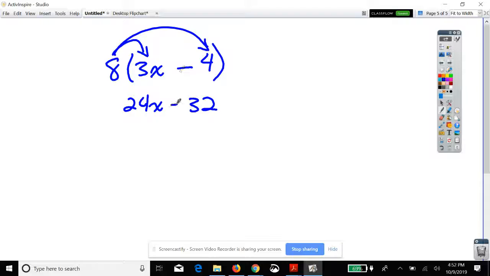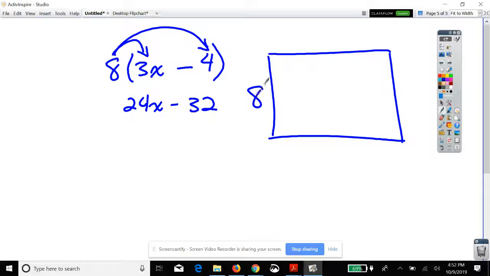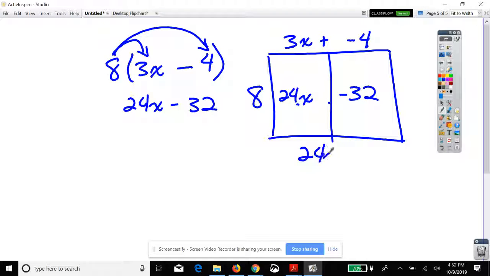Is this going to be plus or minus? If I put it here, 8 times 3x plus a minus 4, so I've always got my plus there. 8 times 3 is 24x. And then 8 times negative 4 is negative 32. So it'll be 24x plus a negative 32, 24x minus 32.